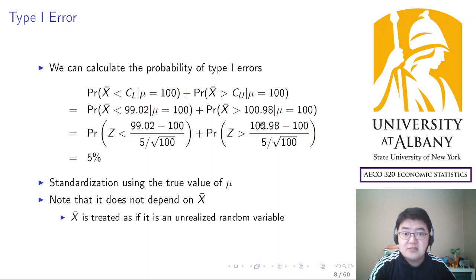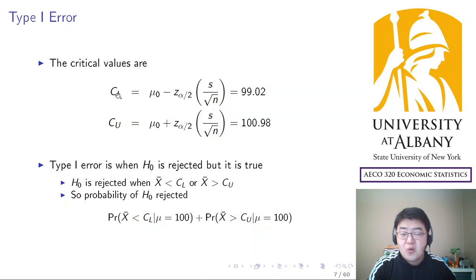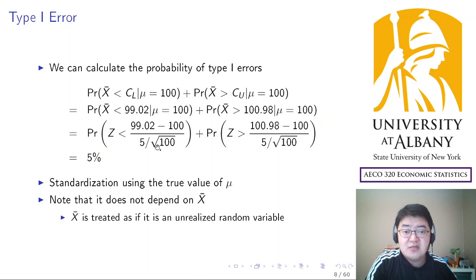The reason is, briefly, do you remember how we got this formula? When we derived the critical values, we used standardization there. So z alpha over 2 and s over square root n came from the standardization during the derivation of the critical values, and we are using the same standardization again.